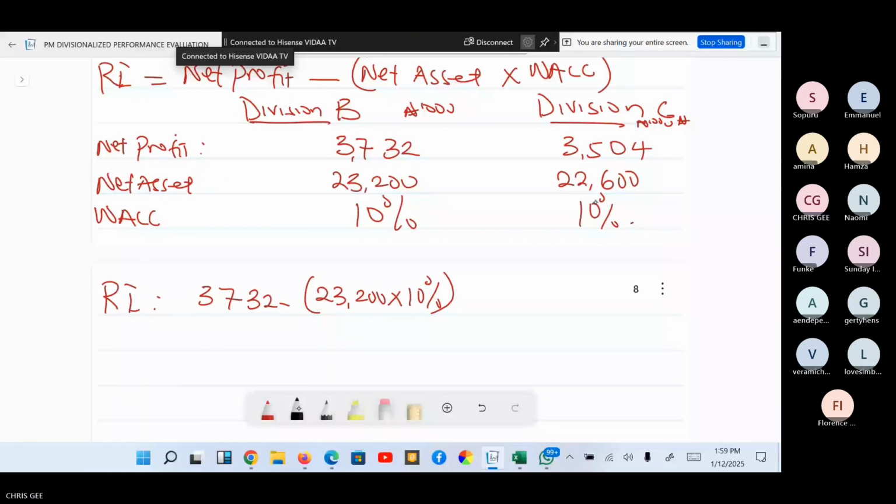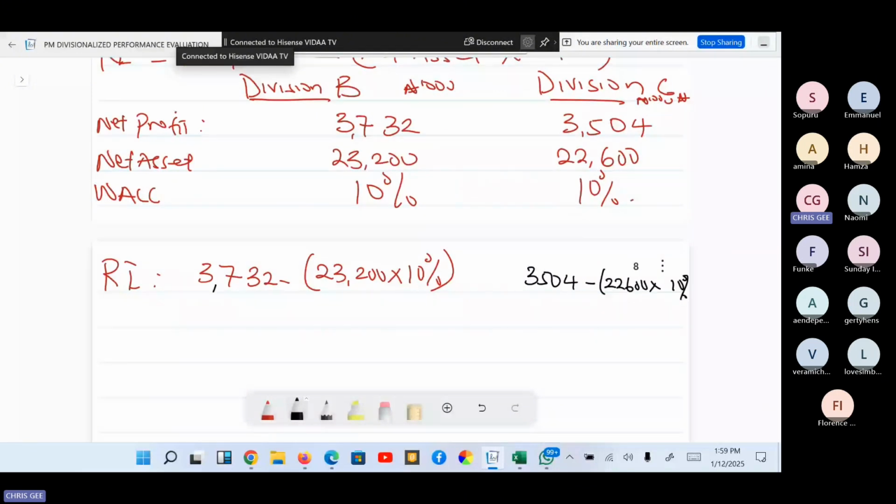Voila. 3,504 minus 22,600 times 10%. If you have a good calculator, please help me. What's the residual income figure?